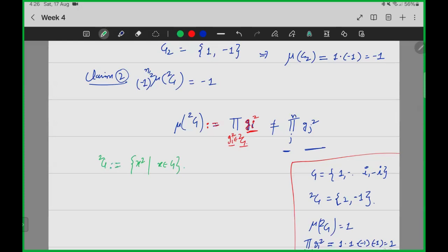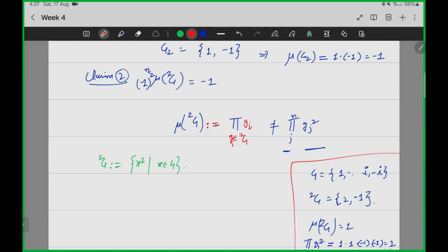It will already be a square, right? So that was also correct; I was just writing it so as not to be in confusion. We can just write g_i belonging to 2G.